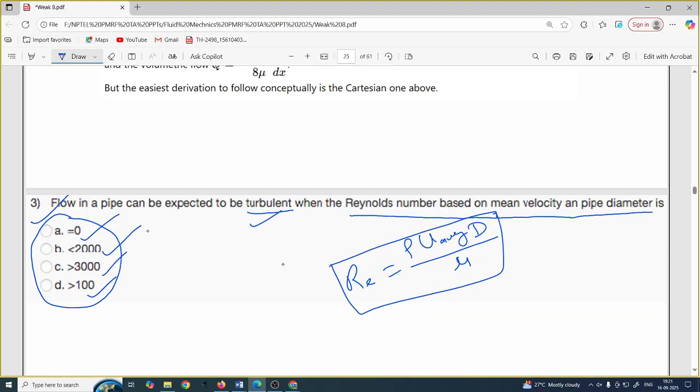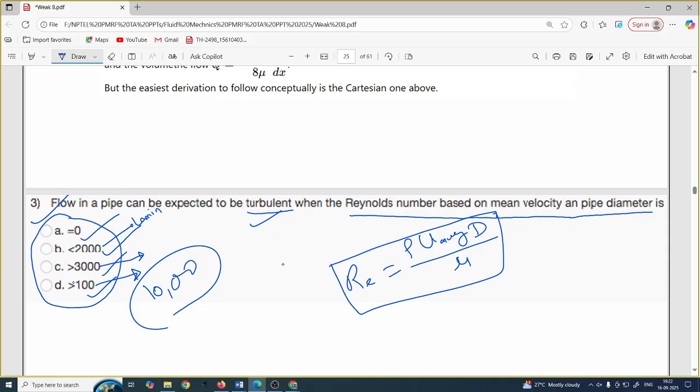Yes, less than 2000, it is laminar flow. Greater than 100 means it may be 10,000, 1 lakh, whatever, and greater than 3000 also.